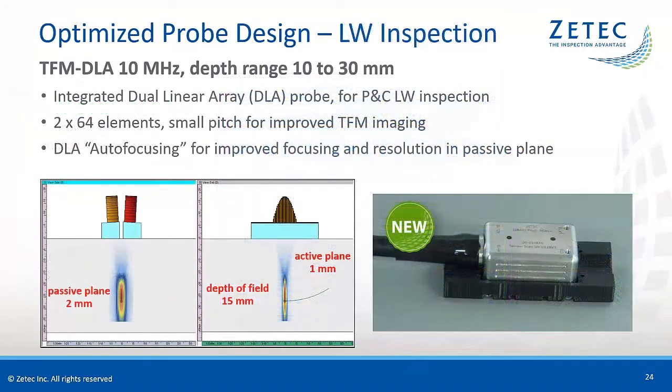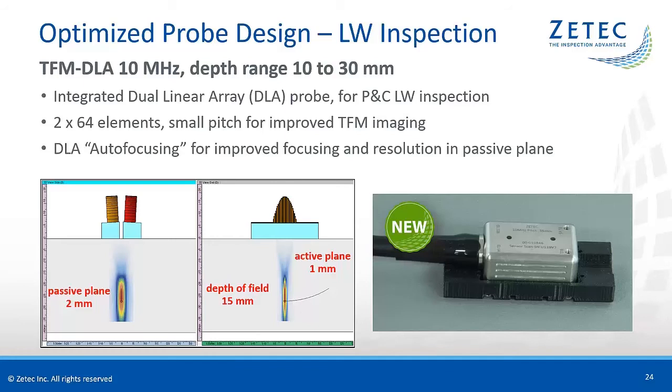ZTEC also proposes a new probe design for L-wave inspection on components with wall thickness around 1 inch. The TFM DLA 10 Megahertz probe is an integrated dual linear array probe designed for pitch and catch inspection. Both transmitter and receiver have 64 elements and a very small pitch for improved TFM imaging.